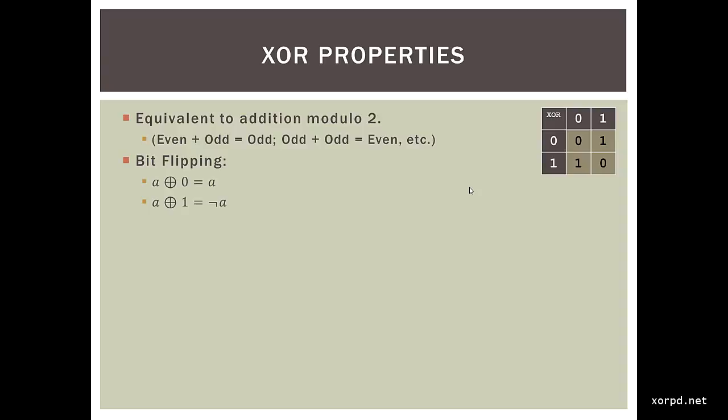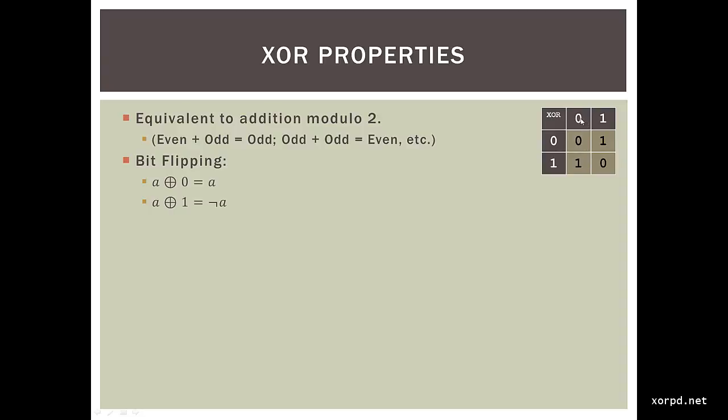Bit flipping. We can use XOR to change bits, or maybe to leave them the same. A XOR 0 always equals A, and A XOR 1 always equals not A. We can see this from this table.